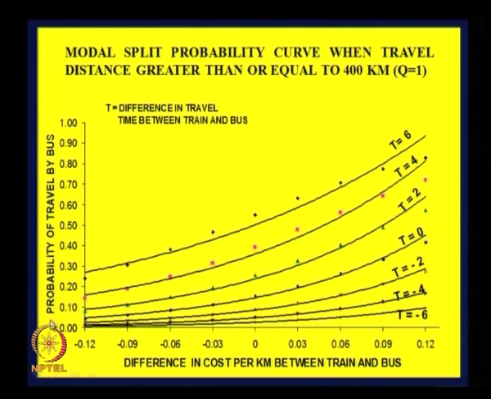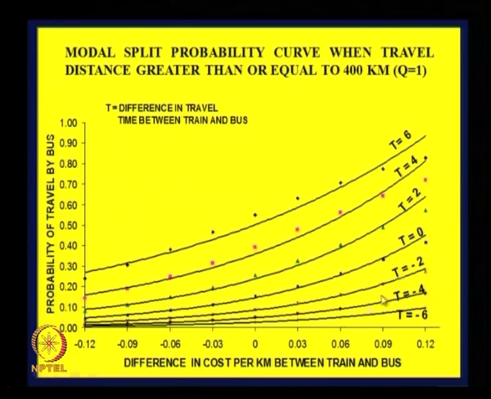Probability of travel by bus is taken on the y axis, and we have made different plots for different travel time differences, considering one case where q is equal to 1. We have considered city pairs with travel distance more than 400 kilometers. If that is the situation, this is the result of your mode choice analysis.